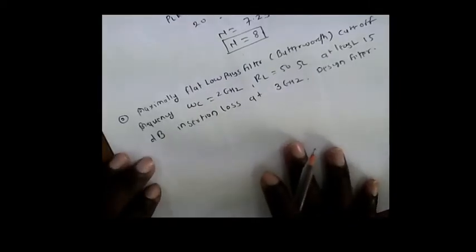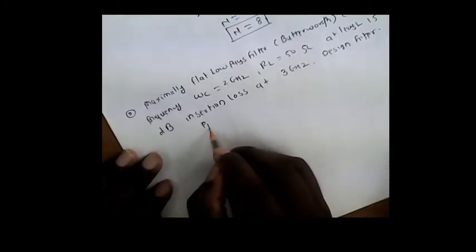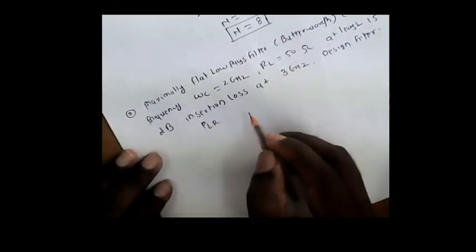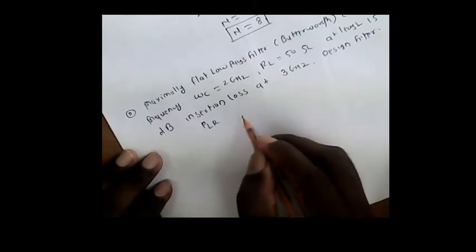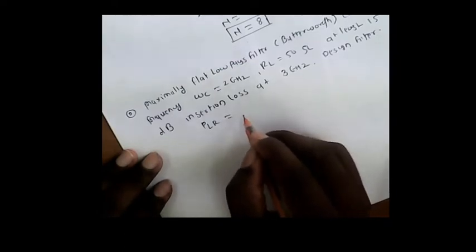It is a maximally flat low pass filter, and the power loss ratio for a maximally flat low pass filter is given by PLR equal to 1 plus omega by omega c raised to power 2n. So this is the basic equation.